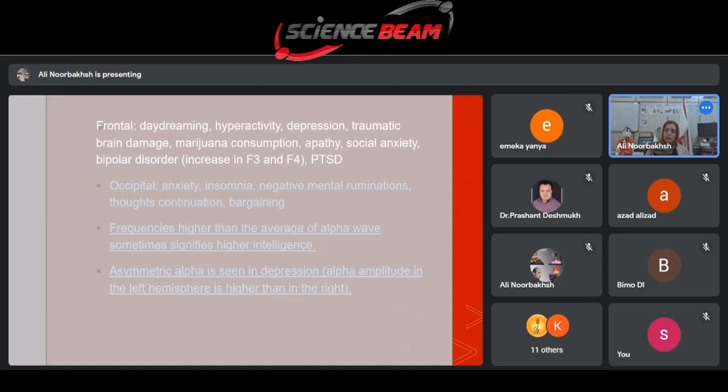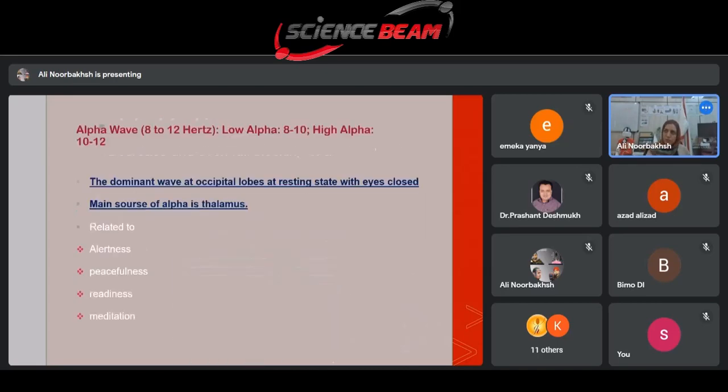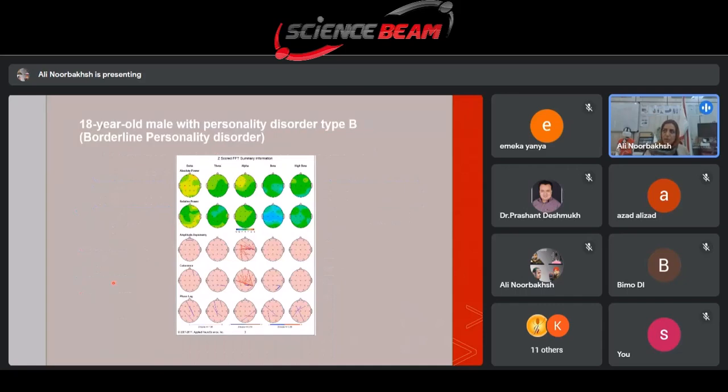If the increase is in the frontal lobe, it's related to daydreaming, hyperactivity, depression, brain damage, marijuana consumption, apathy, social anxiety, bipolar disorder, increase in F3 and F4. As you can see in this picture, increased alpha on the frontal lobe, on F3 and F4.